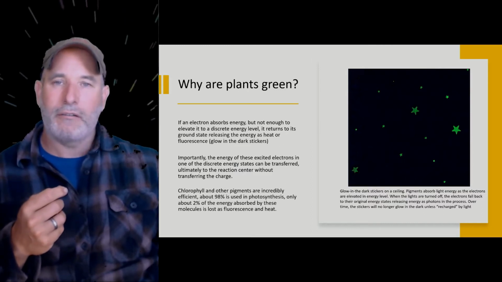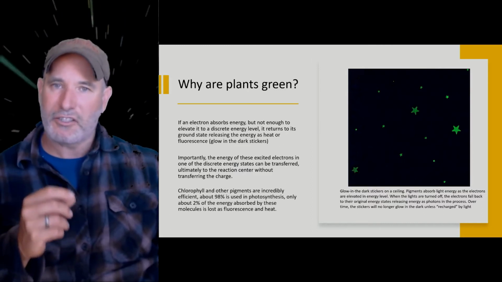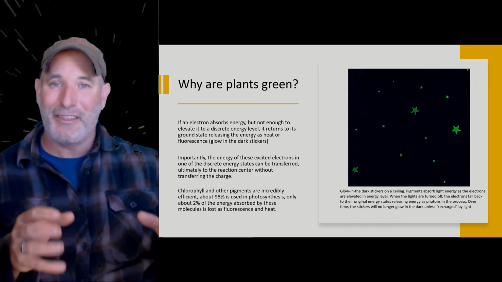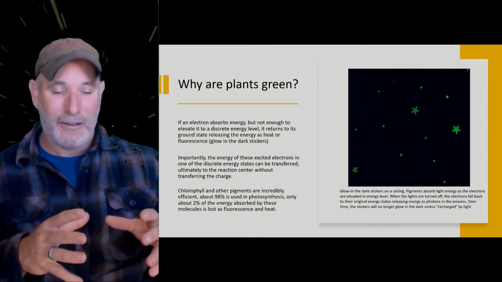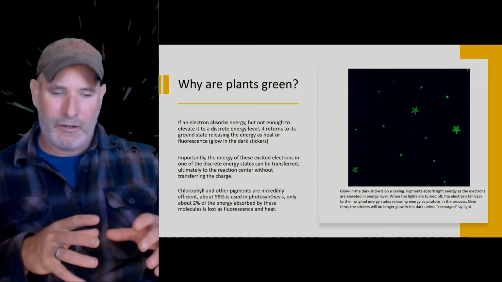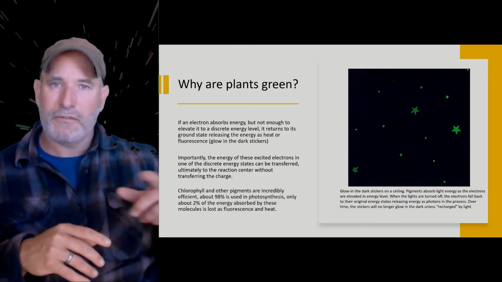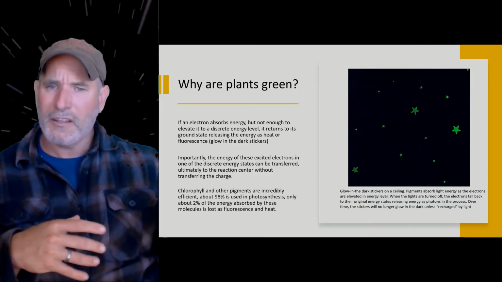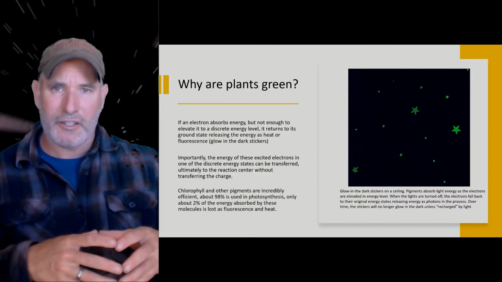But here's an interesting stat about photosynthesis, about chlorophyll in general. This is crazy. The amount of energy that is transferred to the reaction center in chlorophyll, and that's something we'll talk about in a bit, is 98%.